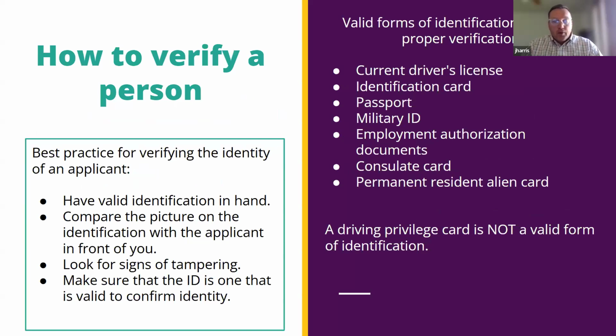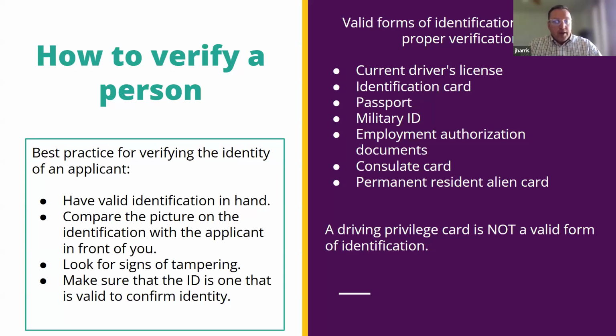So how to verify a person? Again, the DACS system is geared towards having a face-to-face interaction with your new employees or your applicants so that you can verify all the information that's on their identification right there and enter that into the DACS system.